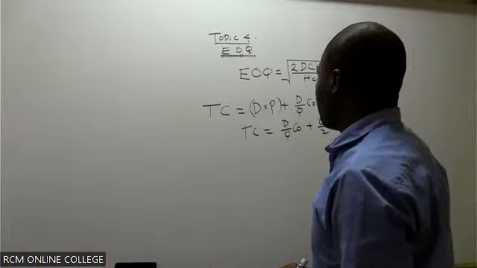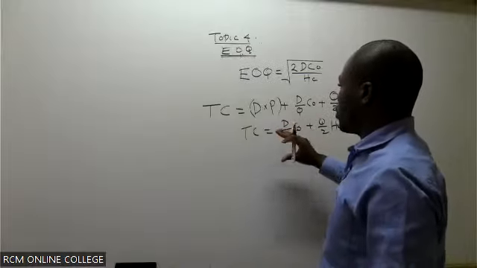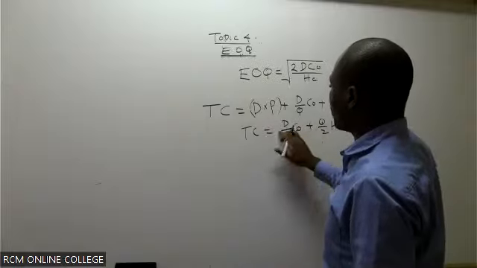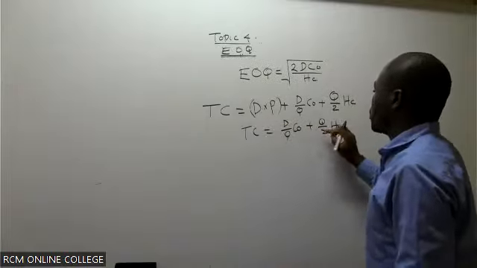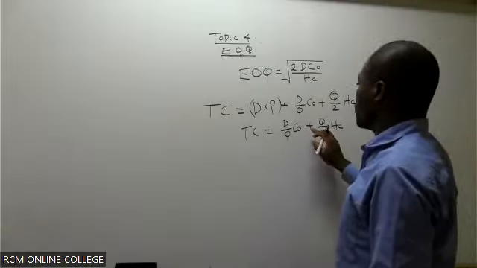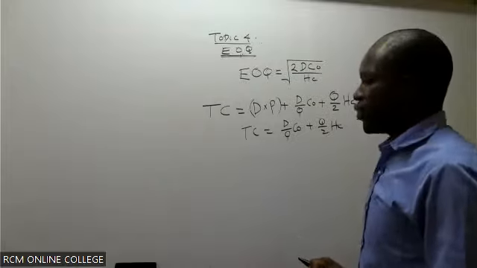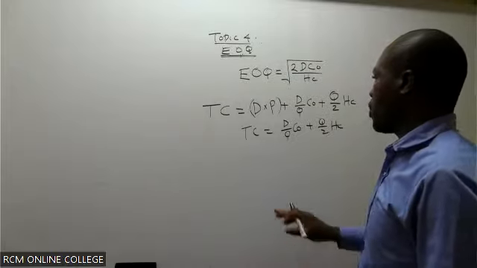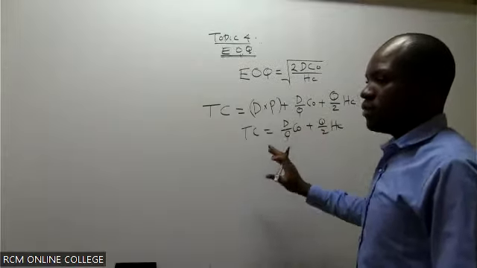Again, at that point, equilibrium will be realized where our total ordering cost is equivalent to total holding cost.